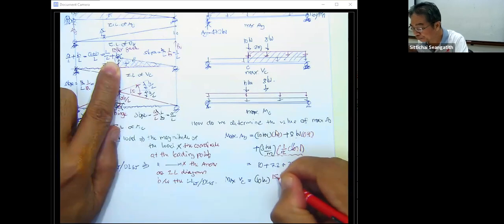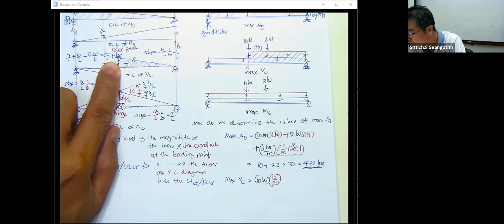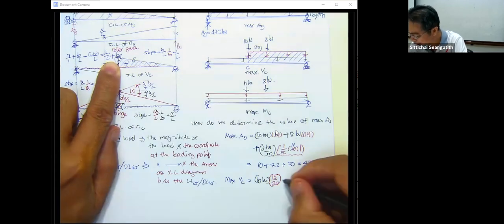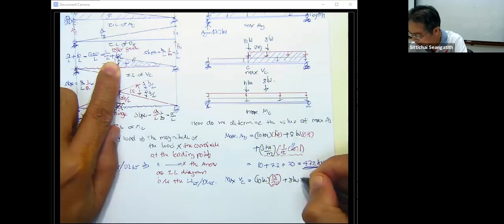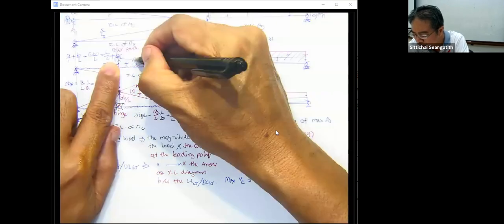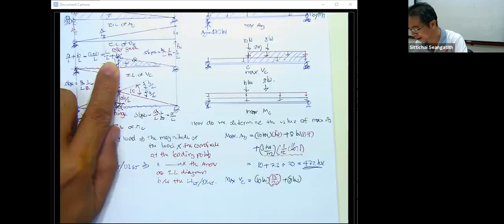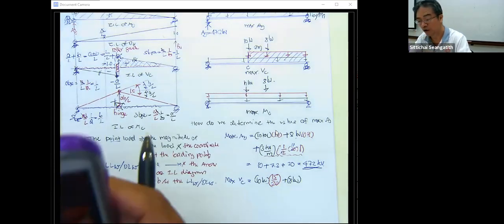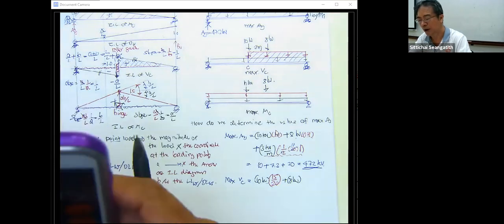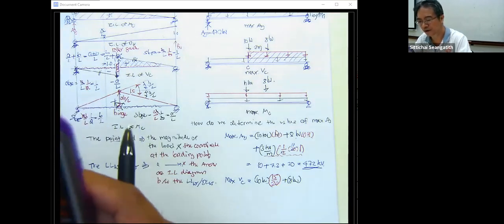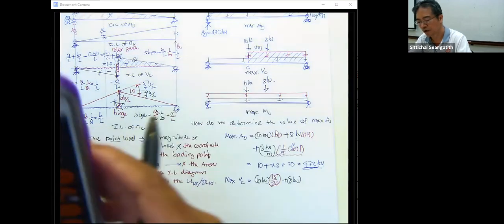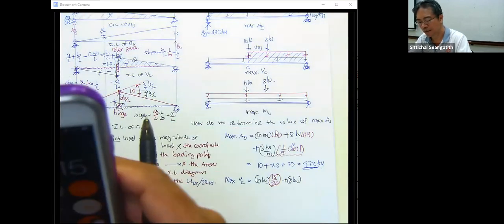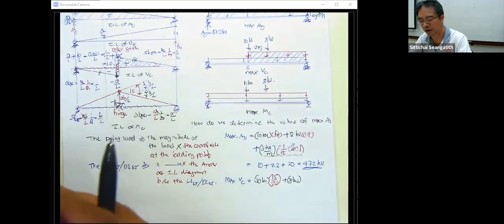And then for the next 2 meters, you have 8 kilonewton. So you pass this one, 8 kilonewton. What is the coordinate here? This one is 15 divided by 20.